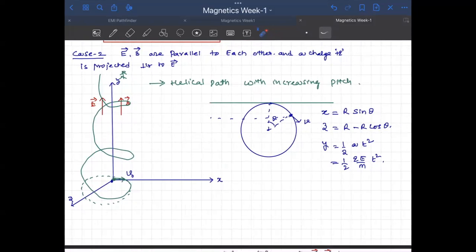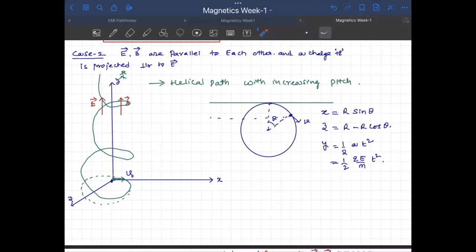Now the question is, you said that this is moving in a circular path. Imagine that this is the XZ plane. At this instant, it has this V naught velocity, and one more component towards you. Say this has described an angle theta.